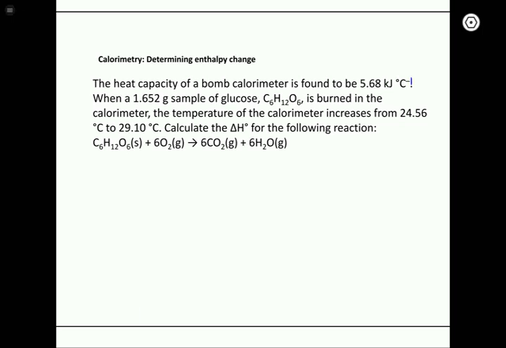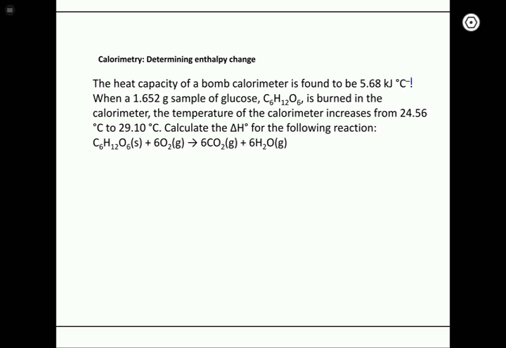So what we see here is an example where we're just given the total heat capacity, it doesn't include the mass, and often for bomb calorimetry or constant volume calorimetry problems, this is what you'll see. You'll be given a total heat capacity, and what we're doing here is we're burning glucose, 1.652 grams, and the temperature increases from 24.56 to 29.1 degrees Celsius. Calculate delta H for the following reaction.